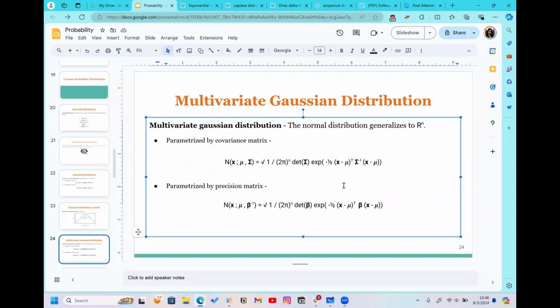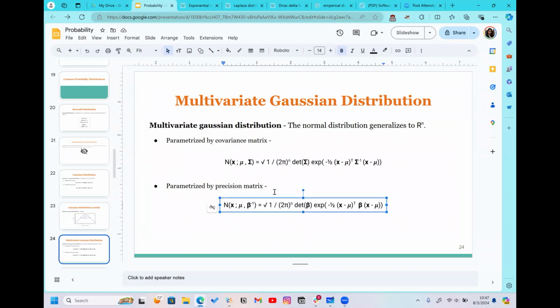So I think I won't be able to reproduce it here, but I'll be sending out a note of the derivation so that everyone can refer to it, like how you can derive it for two variables and how it can extend to many different variables. Here also, the covariance matrix is replaced by the precision matrix. It's the same thing. Covariance matrix is difficult to compute, and computation of the inverse of covariance is difficult, right? So instead replace it with the precision matrix and the computation becomes easier.